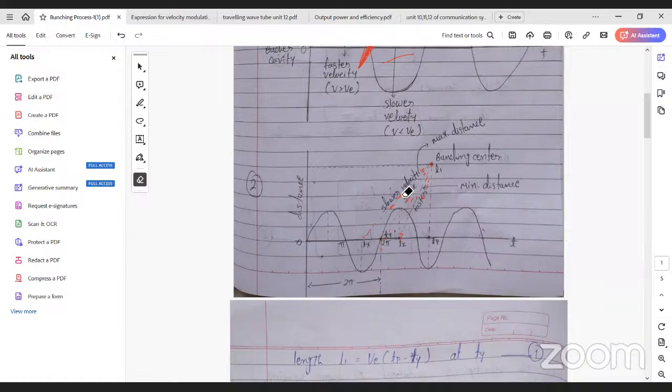Slower velocity, same velocity, faster velocity. The first one is slower velocity, distance is maximum. The last one is minimum distance.